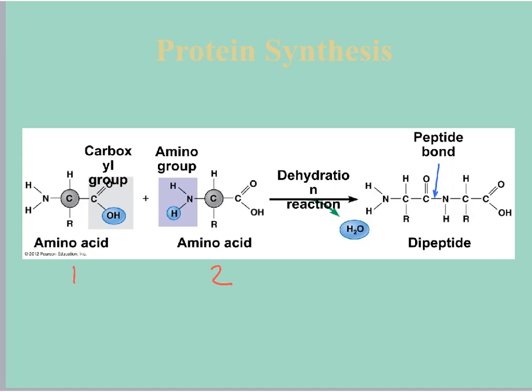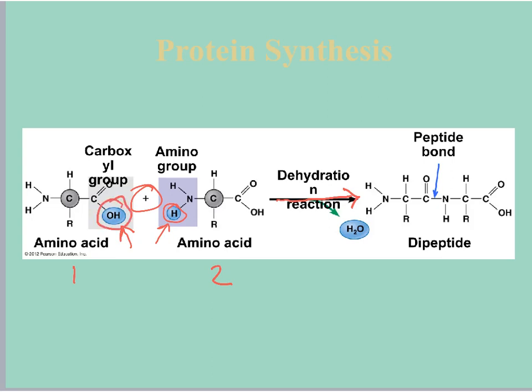They're not bonded together yet, right? But what the authors are showing you is, here's the hydroxyl component of the carboxyl group. Here is the hydrogen of the amine group. And through a dehydration reaction, these two amino acids come together.